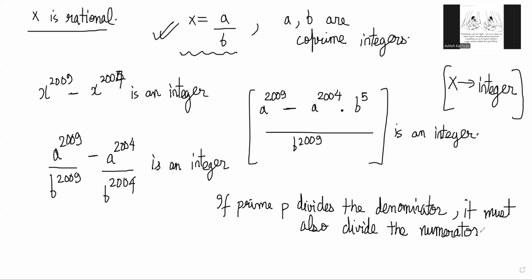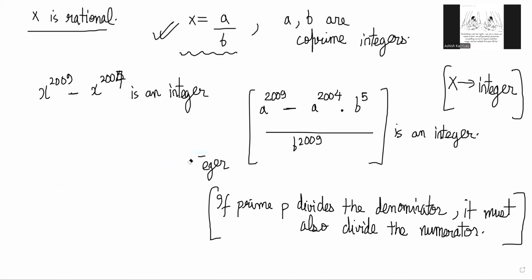Is everyone agreeing with this statement that if prime p divides the denominator, it must also divide the numerator? Yes, sir. Right. So what we will do is we'll pick some prime number because the denominator only has b. We will pick some prime number p that divides b. So obviously if p divides b, p divides this. And now we are going to say that because p divides the denominator, p must also divide numerator, right? Correct? Yes, sir.